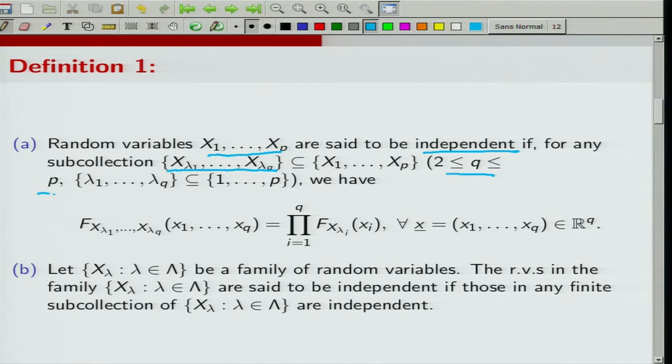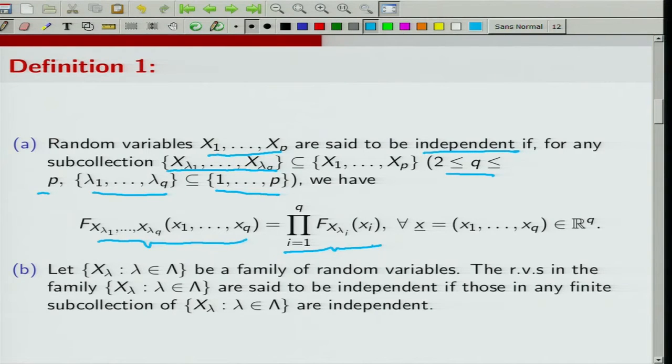So, lambda1, ..., lambdaq has to be a subset of 1 to p, because the indices of X1, ..., Xp are 1 to p. I will say they are independent if for any sub collection, the joint distribution function of this sub collection of random variables is the same as the product of the individual distribution functions.